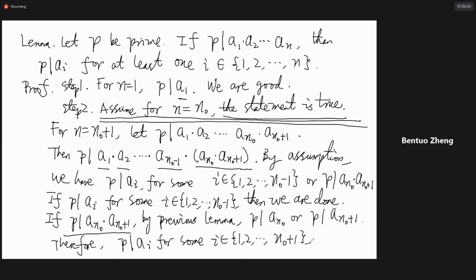Okay, at this point we are done. So you just use the previous lemma combined with mathematical induction to show this lemma.